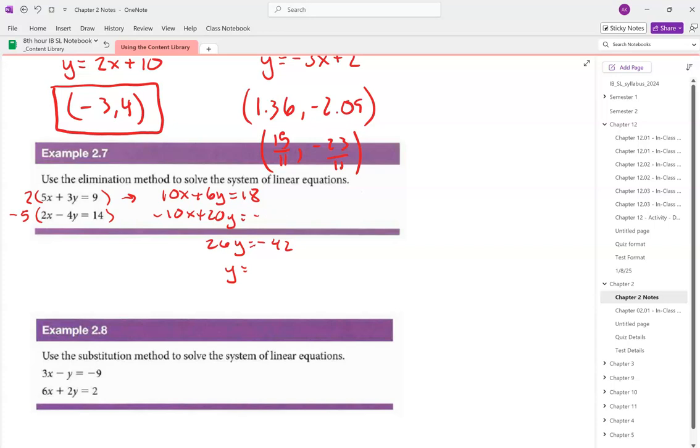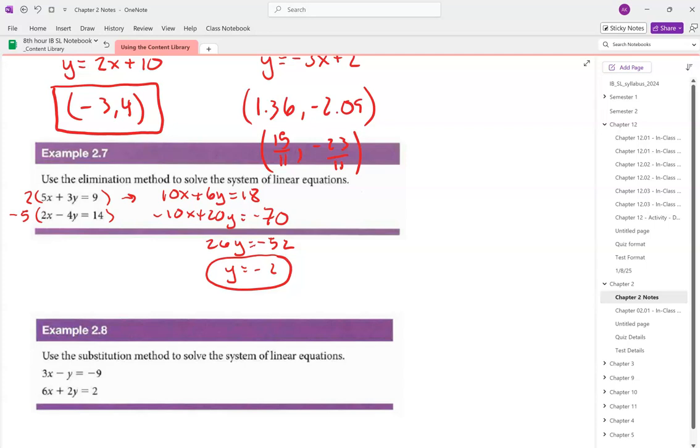Try again. That's 70. Good. I knew this answer is supposed to be a whole number answer. All right. So that's negative 2.